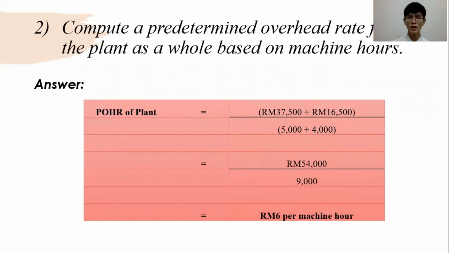So we add the estimated overhead cost of Department A and Department B, which are 37,500 ringgit plus 60,500 ringgit, and divide by 5,000 machine hours for Department A and 4,000 machine hours for Department B. At the end, we will get 6 ringgit per machine hour for the POHR of the plant.